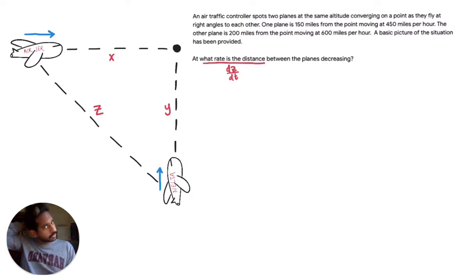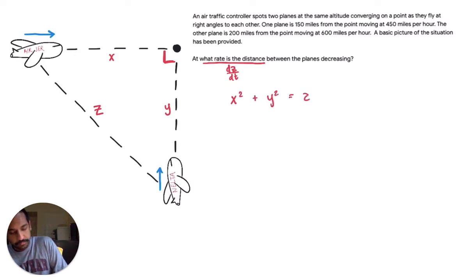In order to try to figure this out, I realize that since I'm talking about this x distance, this y distance, and the z distance, and this right here is a right angle, I can use the Pythagorean theorem here to help me solve this. I know that x squared plus y squared will have to equal z squared.